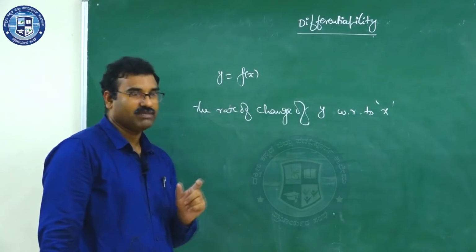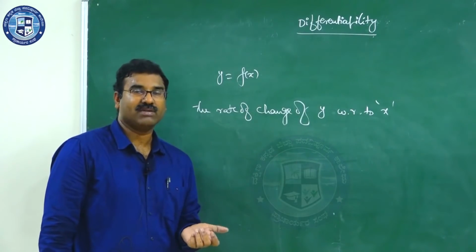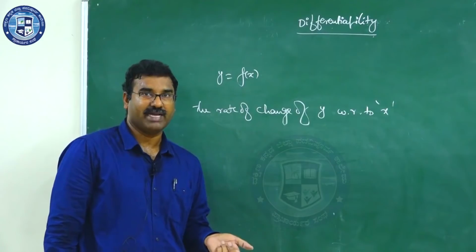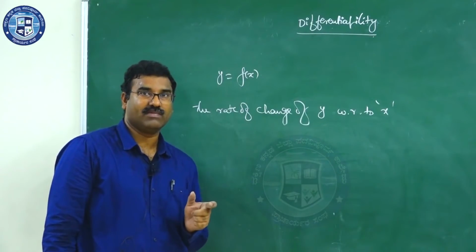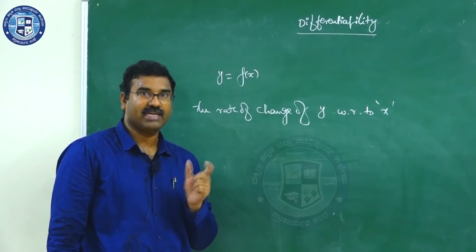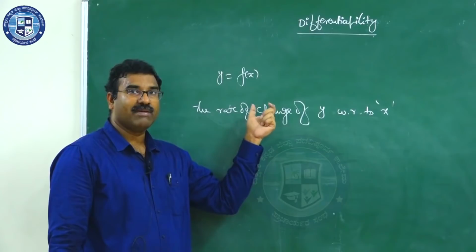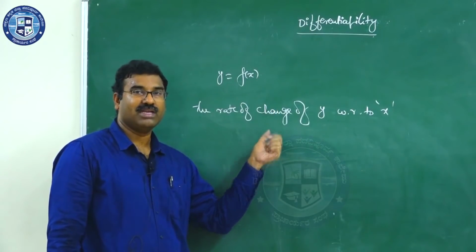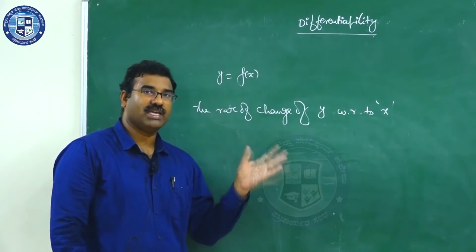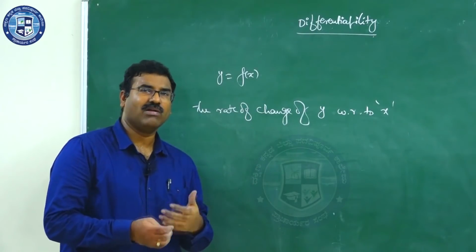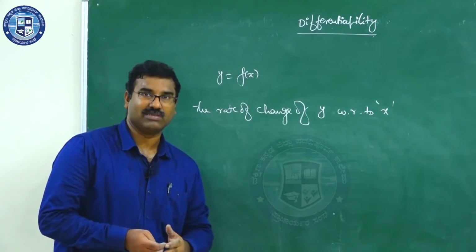So, the derivative always speaks of the rate of change of one parameter with respect to another parameter. Okay. So, that is the main thing. Whenever you see the words rate of change, then there will be the involvement of the derivative. Okay. So, this rate of change is needed in all sorts of sciences, even in social sciences also.